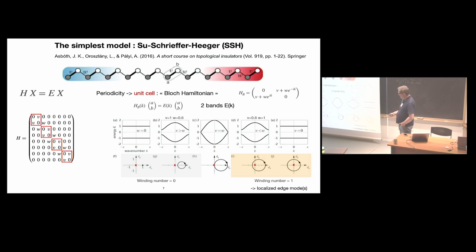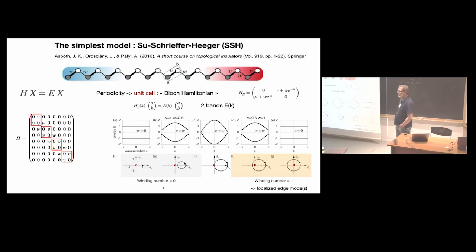And we see that we are not encircling the origin, meaning winding number equals 0. And then when V is less than W, we always have the circle encircling the origin, and it gives a winding number equal to 1. And so this defines a nice topological index, and in between is V equal W, where we have the gap closing described this morning as well.